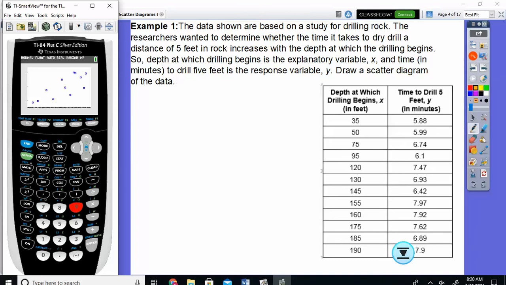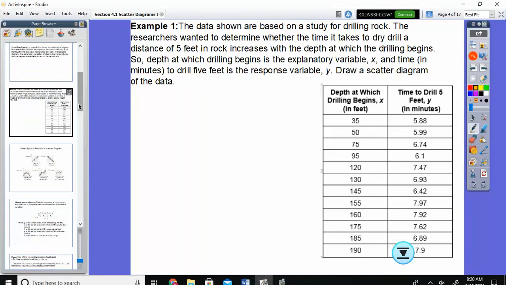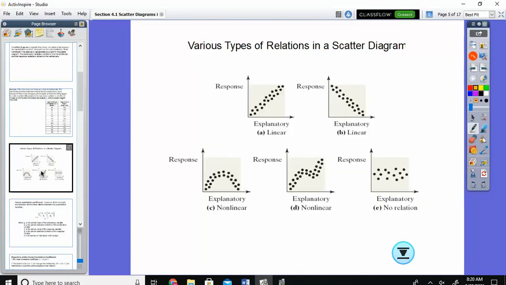Did everybody get that? We are going to talk about the relationship. You talked about this back in your algebra classes: positive linear, negative linear, those types of things. On your notes handout, there is a list of what some of these might look like.